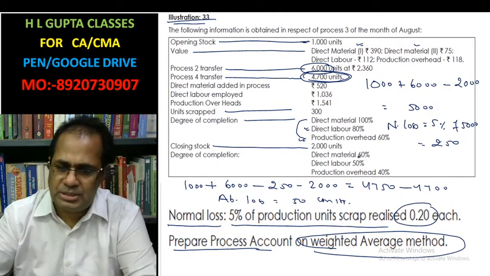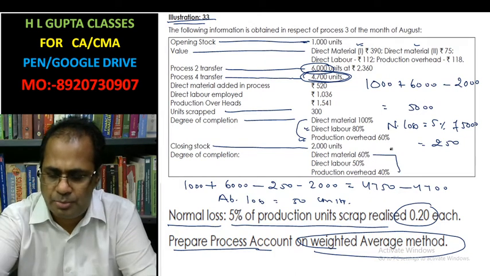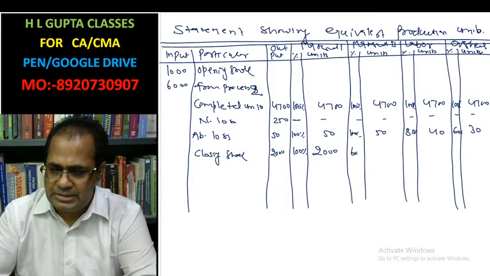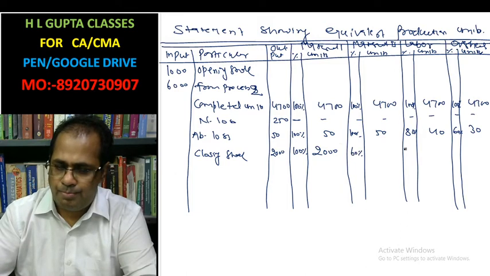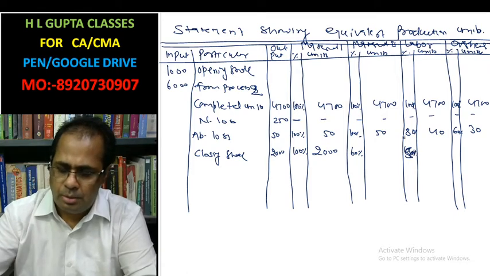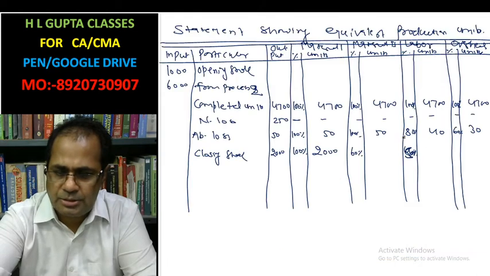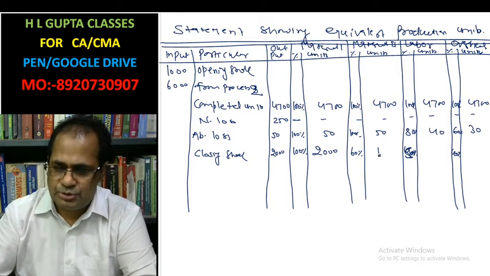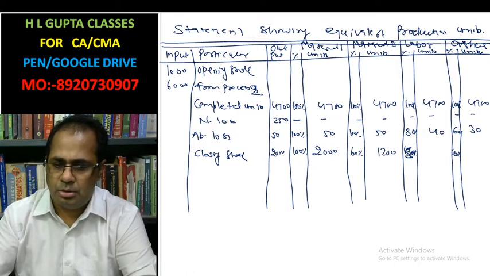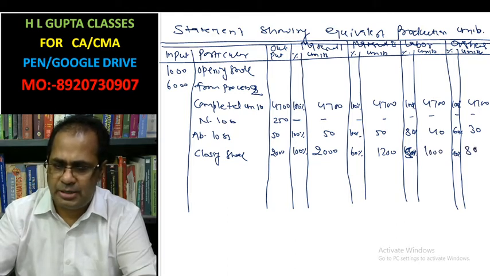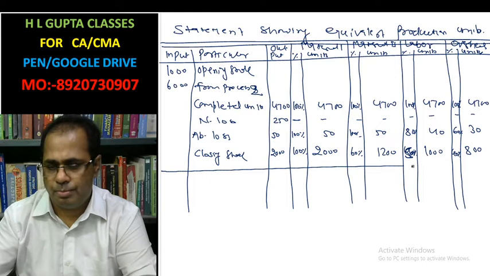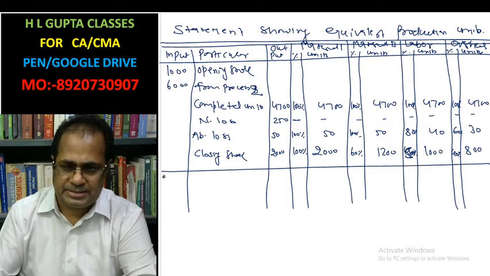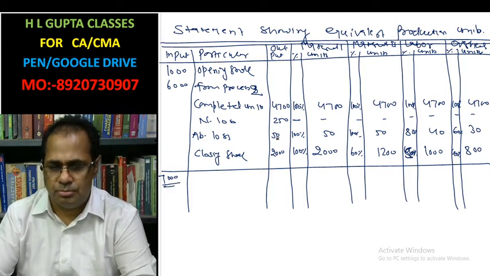Now the second material completion stage is given as 60%, then 50% and 40%. That gives 1200 units, 1000 units, and 800 units. The total is 7000, and this should also be 7000.